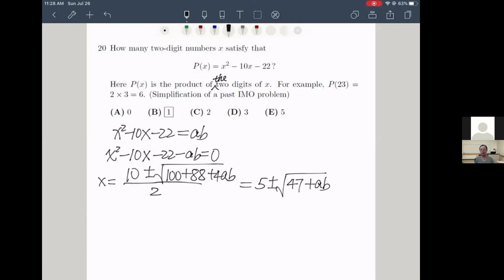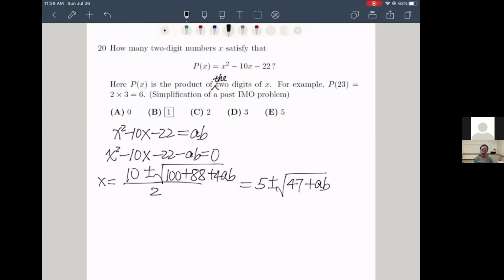So it cannot be more than 47 plus 81 within the square root. Basically, what we need to do is check all the square numbers between 47 and 47 plus 81 to see which of them would give us ab, so that we can find the integers a and b. For example, the smallest one is 49, which means ab equals 2. It works.